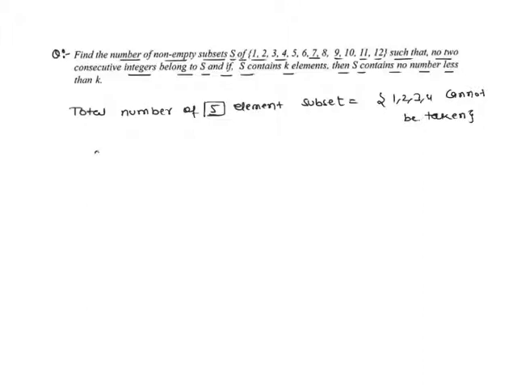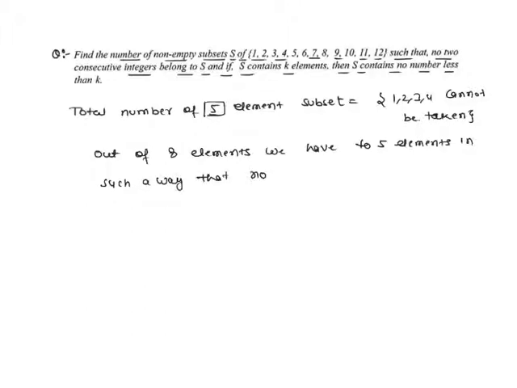That means out of 8 elements we have to select 5 elements in such a way that no two elements are consecutive.